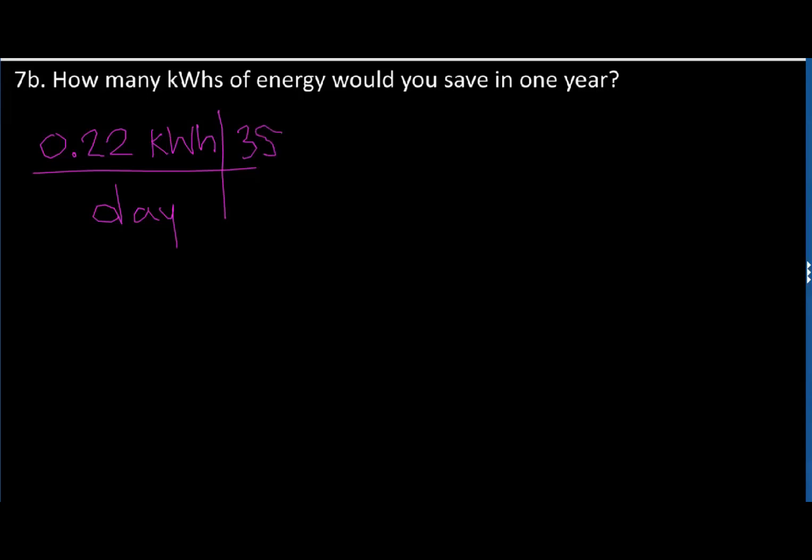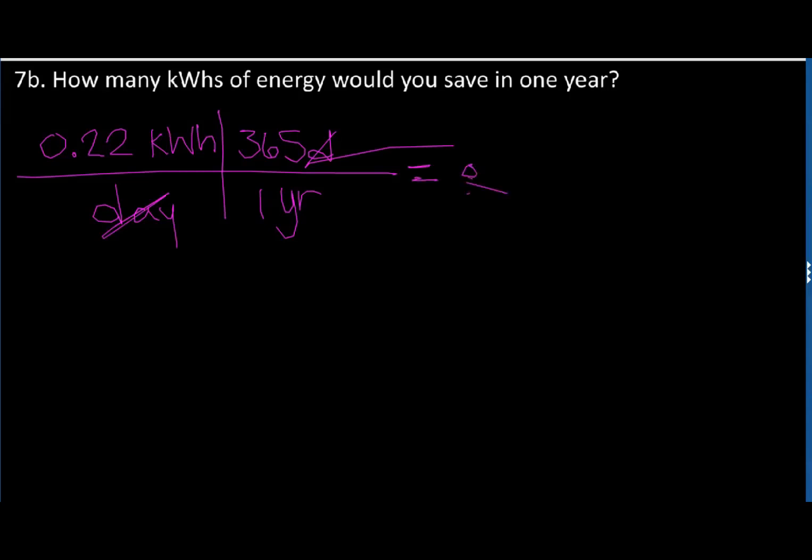So we're just going to multiply this by 365. I can write 365. Okay, so I'm going to get 80 kilowatt hours per year.